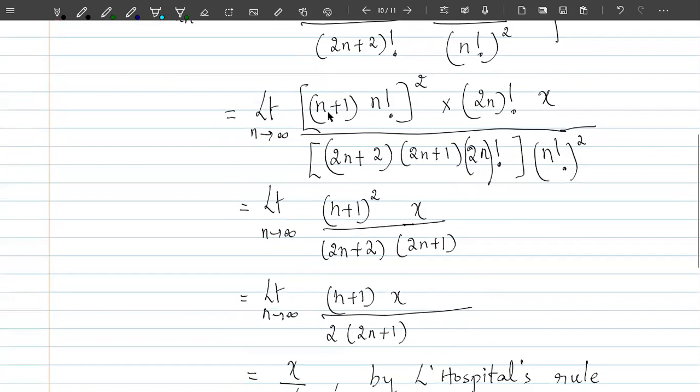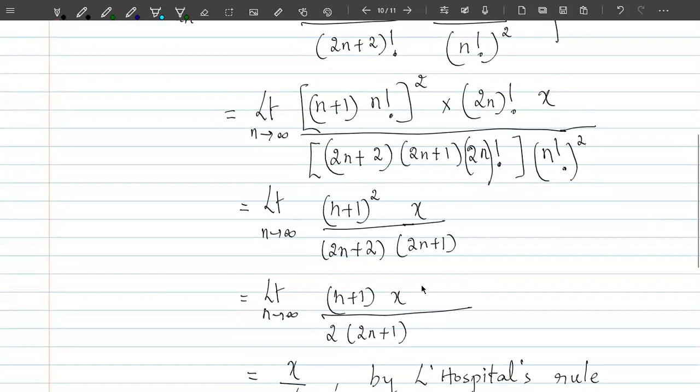So now let's note the next step. Here I have (n plus 1) whole square into (n factorial) square. This n factorial square can be cancelled with this n factorial square, so the remaining term is (n plus 1) whole square. Here I get (2n plus 2) into (2n plus 1) into (2n) whole factorial, which is cancelled with (2n) factorial here.